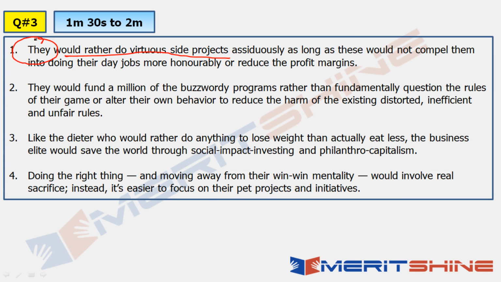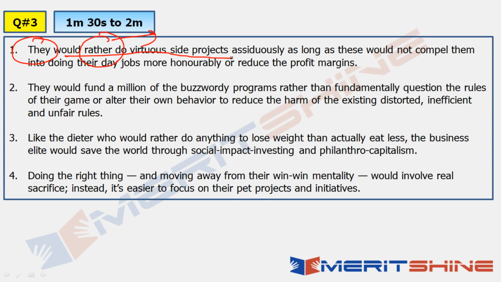So there is a "they", which we don't know who is it. So it cannot be the first one. And there is also a "rather". So "rather" comes as an addition, as a contradiction to something else. So therefore, this cannot be the first sentence for sure, but we'll read it nonetheless so that we know how to place or where to place it.